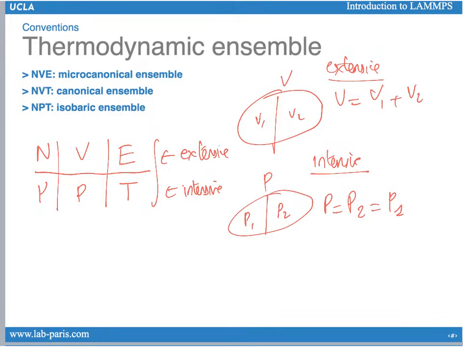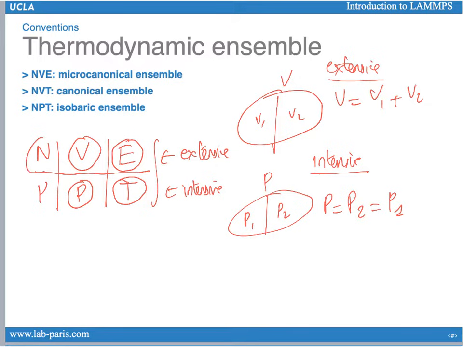So for each extensive property like the volume, you need to choose whether you want to fix this extensive property or the corresponding intensive property. Same thing, you will need to decide whether you want to fix the total energy or the corresponding intensive property, which is the temperature.